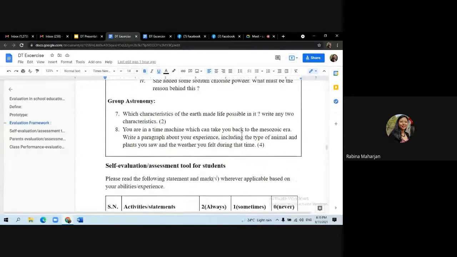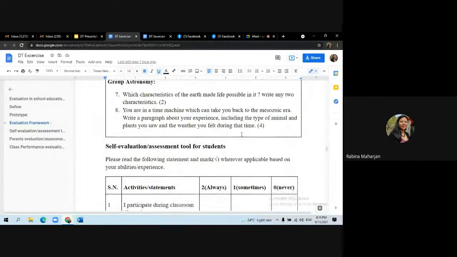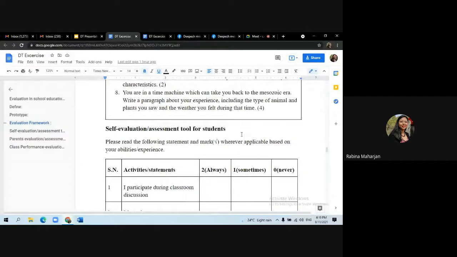For example, we have suggested one question for the astronomy section: you are in a time machine which can take you back to the Mesozoic era. Write a paragraph about your experience, including the type of animals and plants you saw and the weather you felt during that time.